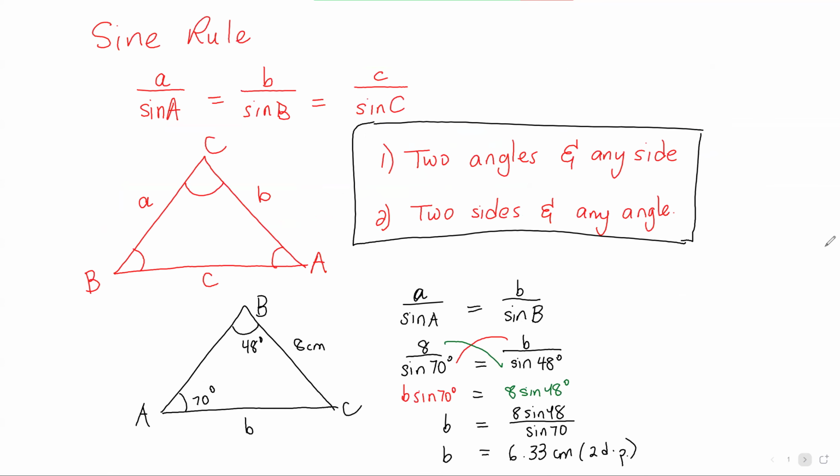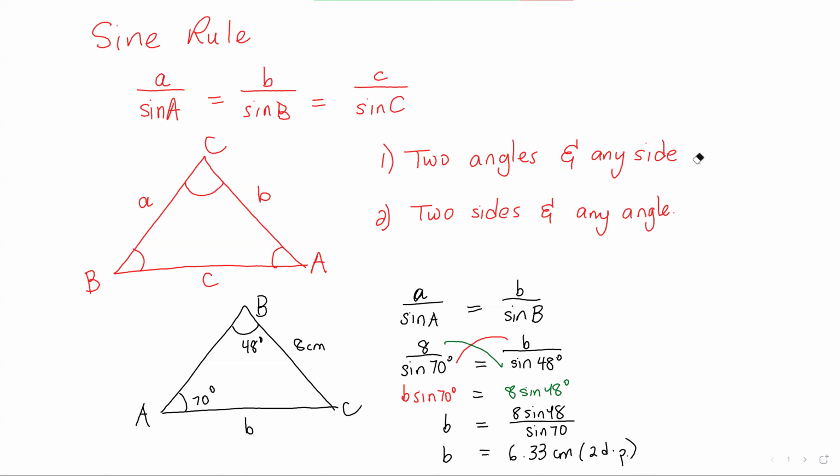In this part, let me add in one line. So here it would be to find an unknown side, to find a missing side, given two angles on any side.